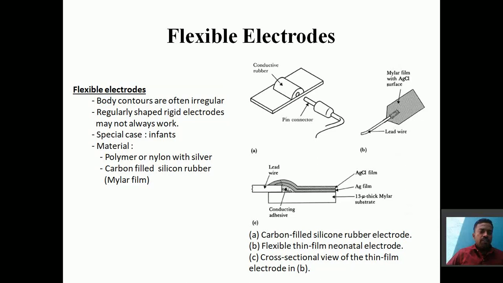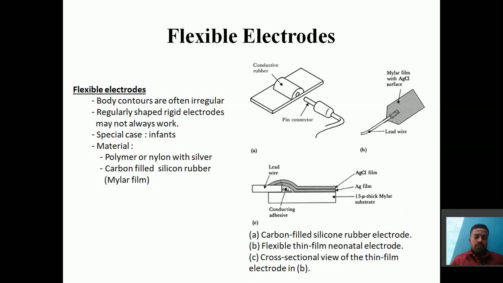The body contours are often irregular. The regular shaped rigid electrodes are not suitable for irregular locations. The special case is infants; for infants we use this type of electrode. The previous type of electrode is somewhat hard to fix on an infant, because infant skin is very soft.